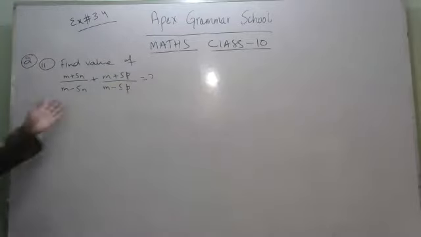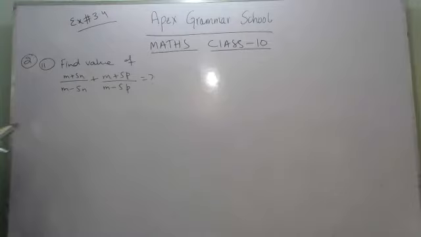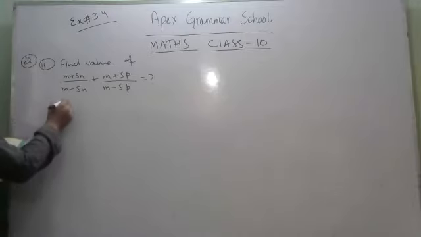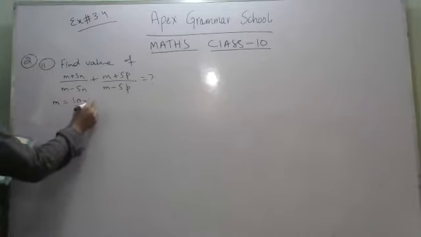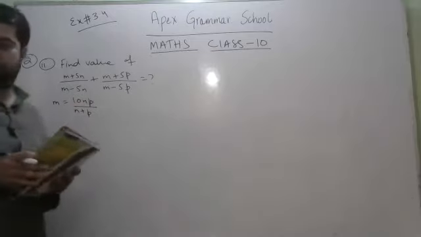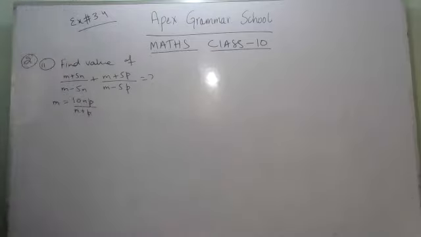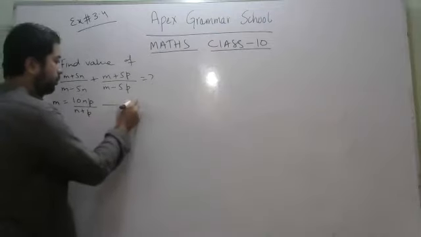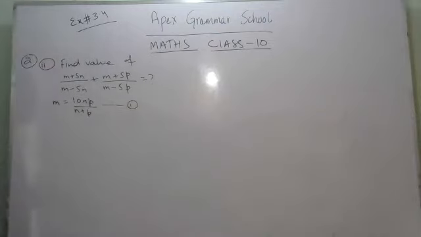We need to find these values and then add them, because that is the requirement. The given is m is equal to 10np divided by (n plus p). We will mention this as equation number 1.